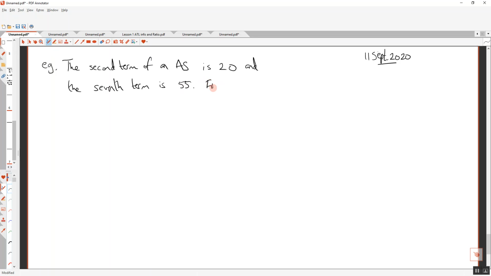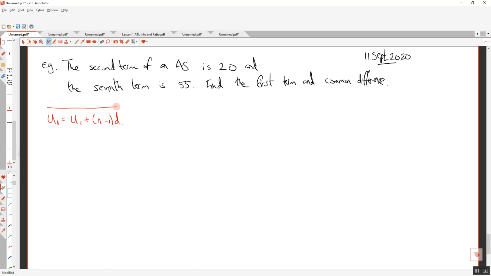What I want you to do is find the first term and common difference. And remember, you will be given the formula for the nth term, which is u1 plus (n minus 1)d. I'll give you a few minutes to have a go at that.